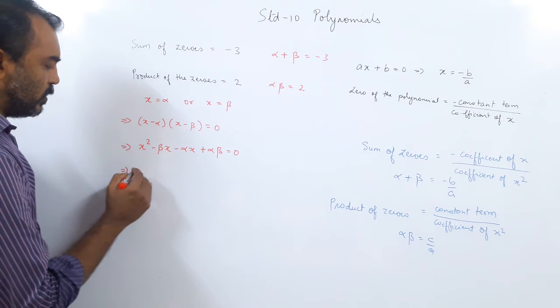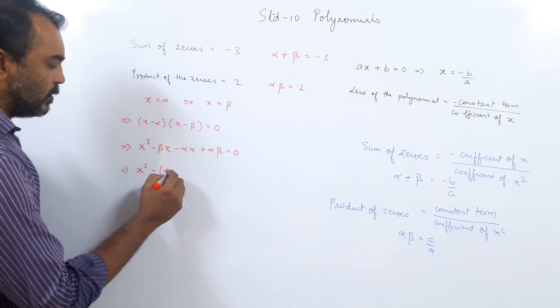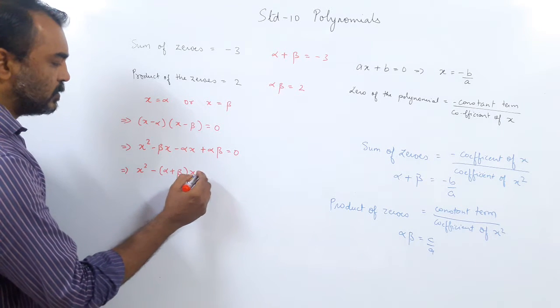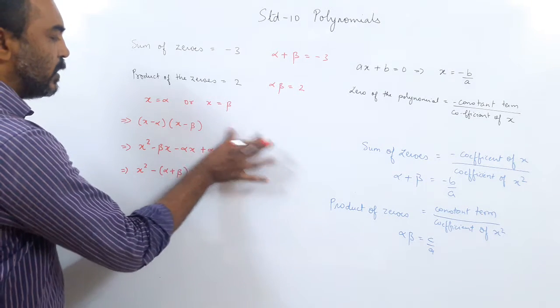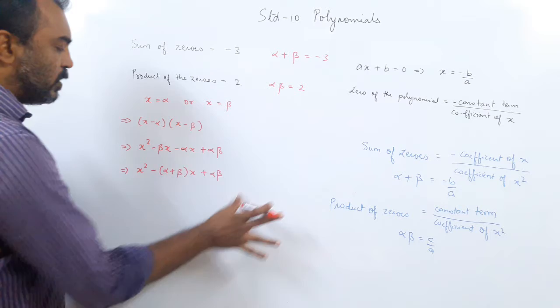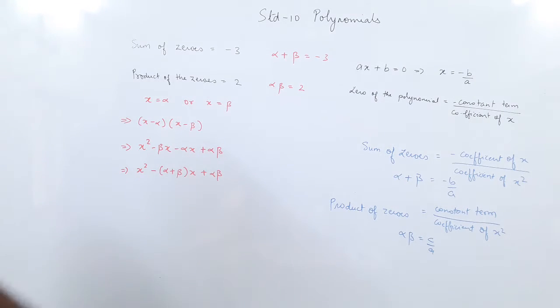So x square minus (alpha plus beta) x plus alpha beta. I can remove this 0 right now because it's not an equation, I call it a quadratic polynomial.